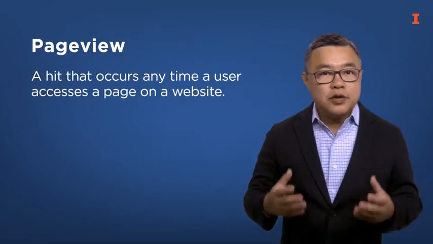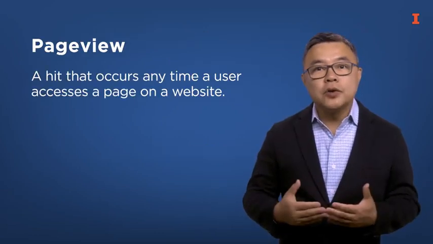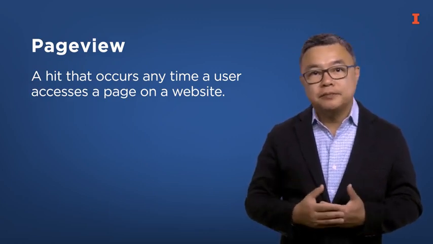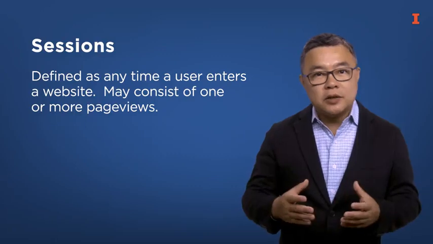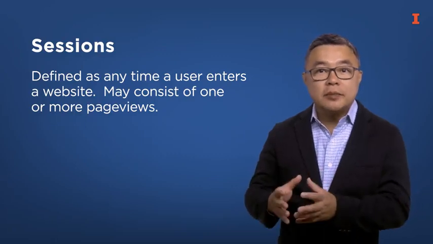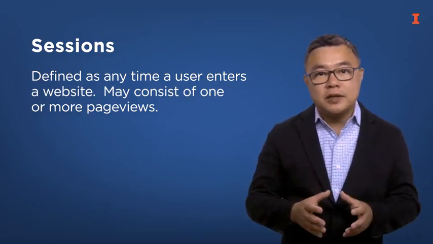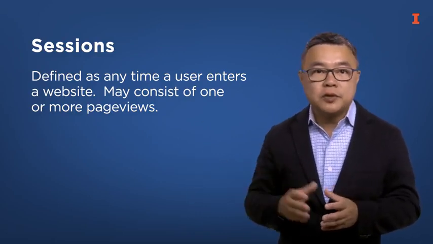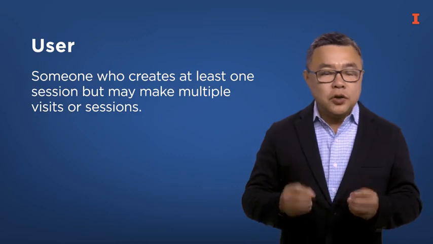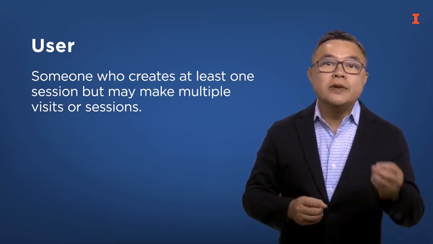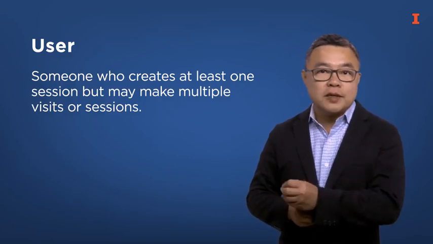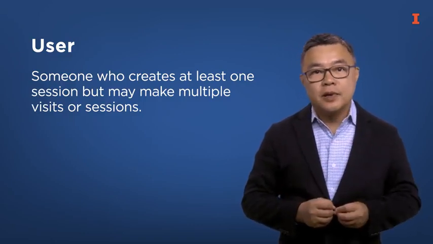A page view, or a hit, occurs at any time a user accesses a page of a website. A session is defined as any time users enter a website, and a session may consist of one or more page views. A user is someone who creates at least one session, but may make multiple visits or sessions.